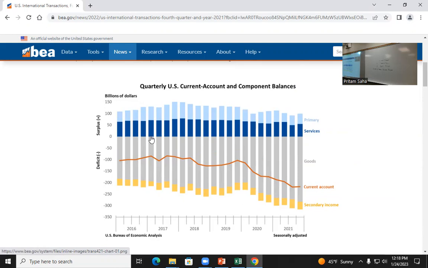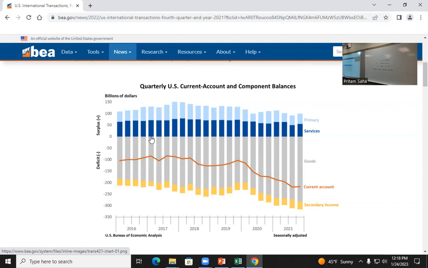So if we look at the goods, this is basically net of export and import for goods. For the goods, it's way negative, right? So the US imports a lot more goods than it exports.